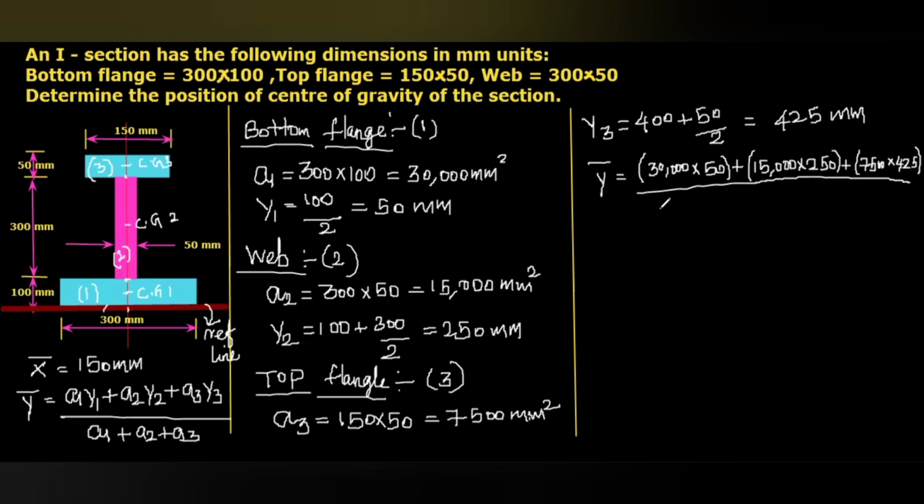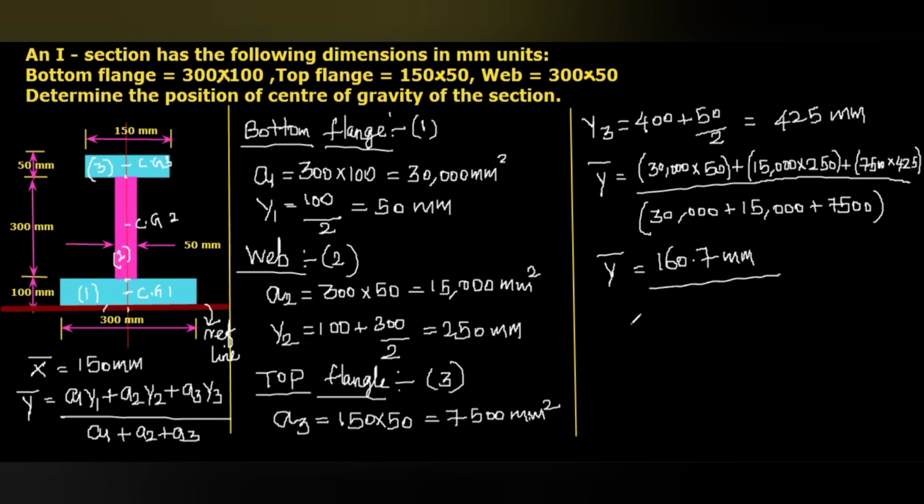We have to add: 30,000 A1, A2 15,000, A3 7,500. If you add all the values, we will get Y bar equal to 160.7 mm. We already calculated X bar, that is 150 mm.